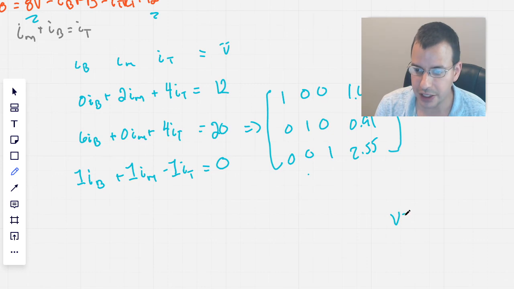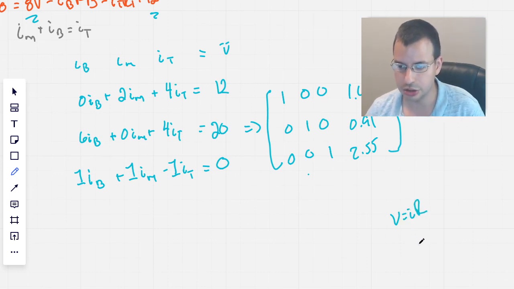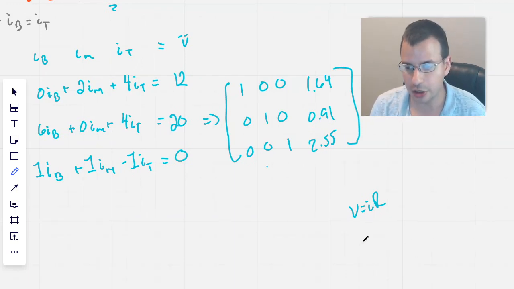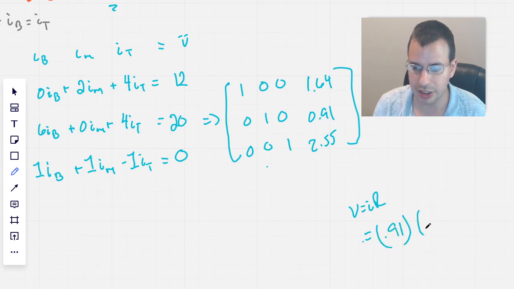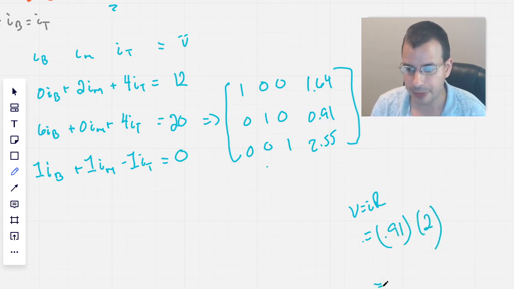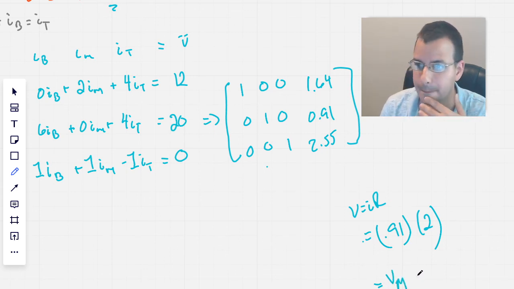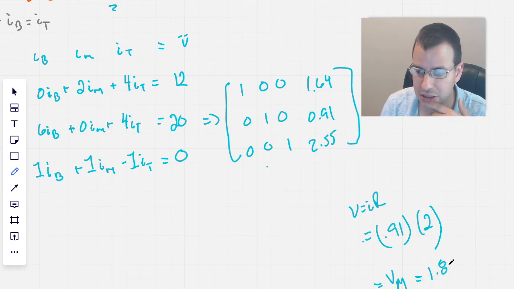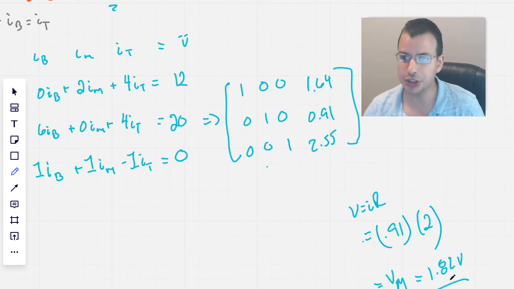So V equals IR, which is 0.91 times 2. The voltage across the middle resistor, V middle, is about 1.82 volts. And that's how we would solve it.